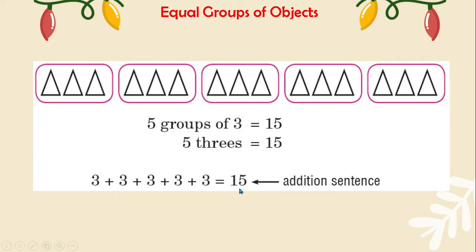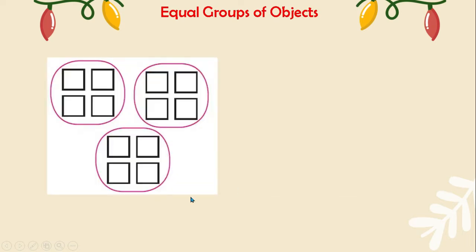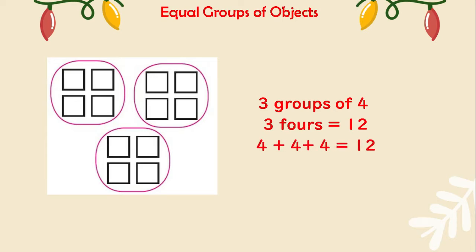Okay, another example. So here we have 3 groups of 4 triangles. So we have 3 groups of 4, and 3 fours is equivalent to 12. Very good. So we're just going to add 4 by itself 3 times for us to get 12.